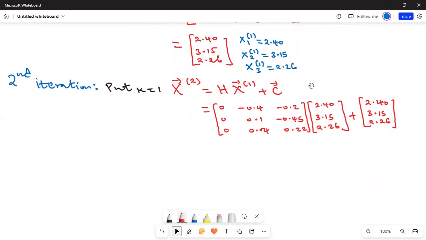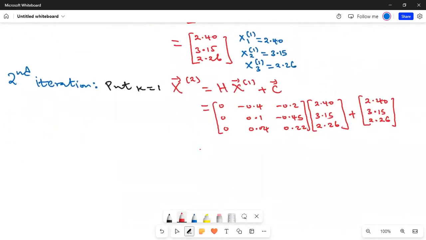Let us work out rows times columns. Then you add. You need to get x at level 2 to be 0.688, 2.4480, 2.8832.